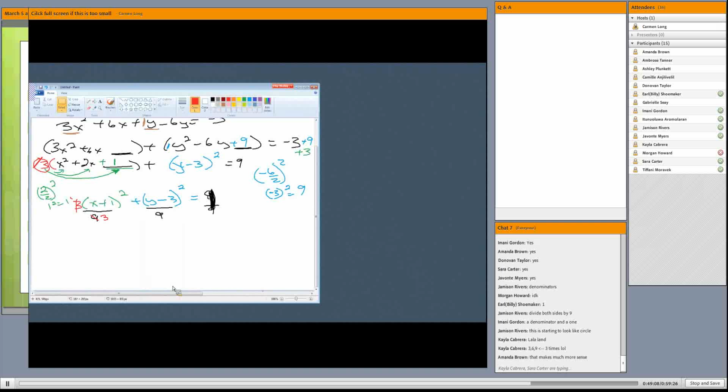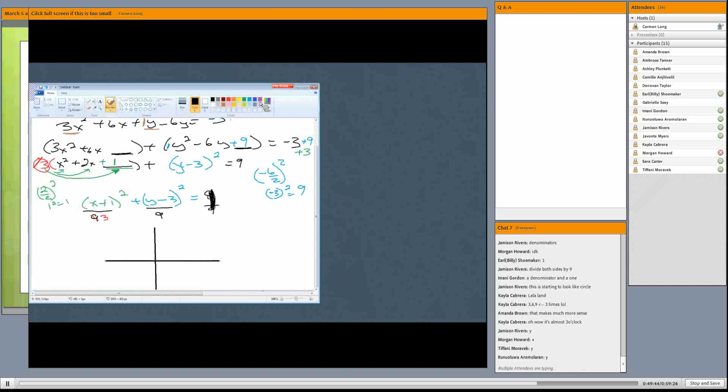Which denominator is bigger? The x or the y? So this has a denominator that's bigger here. So I know this goes up and down.